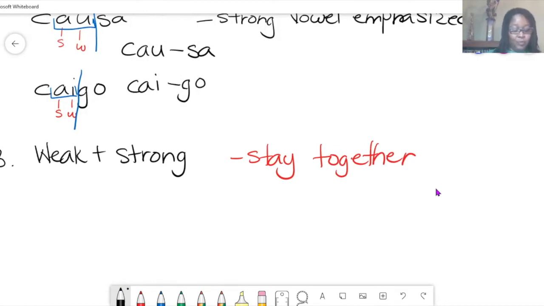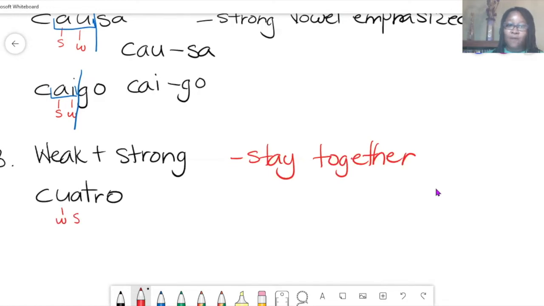All right, so let's lose this one here. And we know that word, right? Well, I would assume that we know that word if we know our Spanish numbers 1 to 10. So let's identify our vowels. We have U and we have A. Does it meet this requirement? U is weak, A is strong.